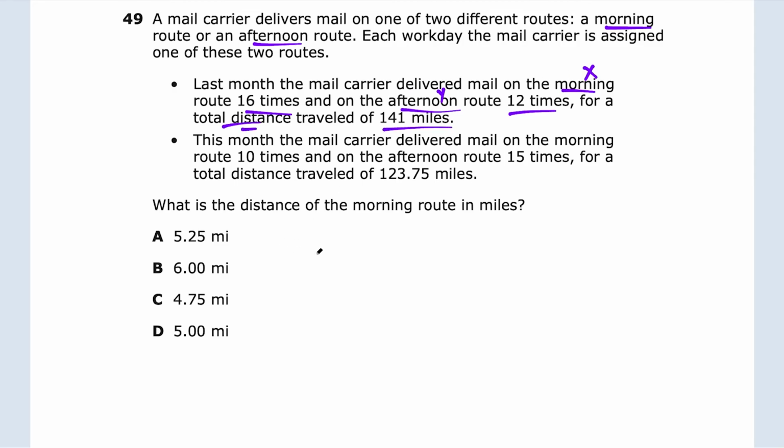So I'm going to write an equation for this. I'm going to say here 16x, because if the morning route is a distance of x, 16 times x is how far they went along the morning route over those 16 occurrences. So here we have 16x plus they did the afternoon route 12 times. And that was a total distance of 141 miles.